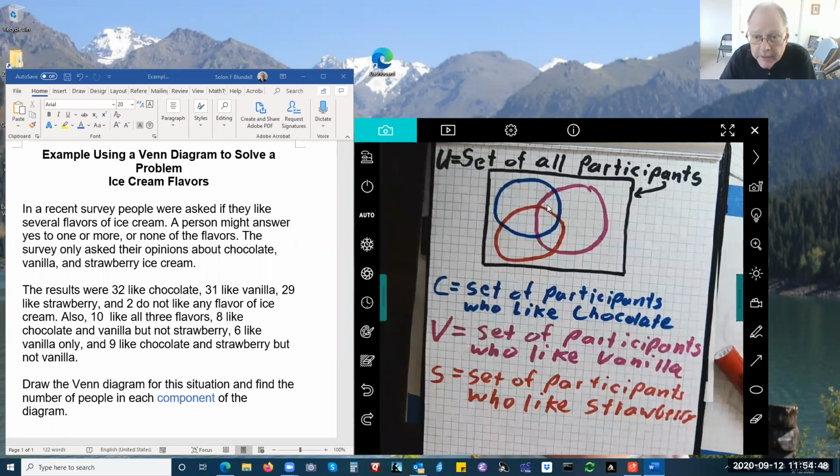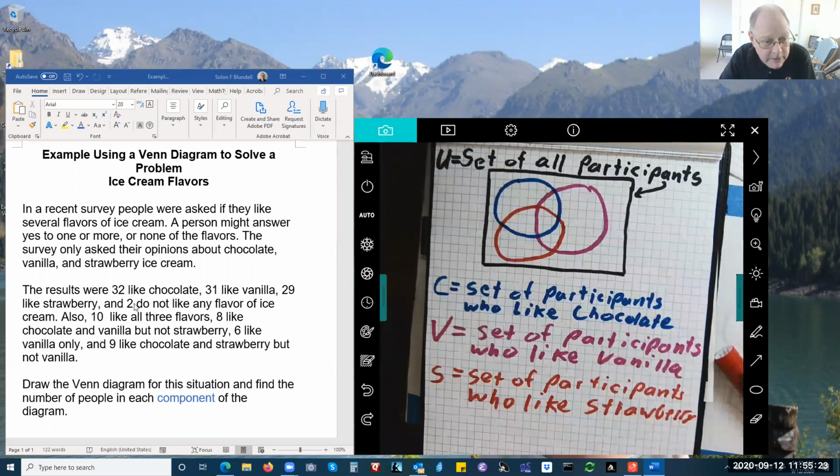This plus this plus this plus that all add up to 32. And that's not a whole lot of information because we don't know how to put any particular numbers in any of the four square components. In the same way with the 31 and the 29 here, those are all facts about some big region comprising multiple components.